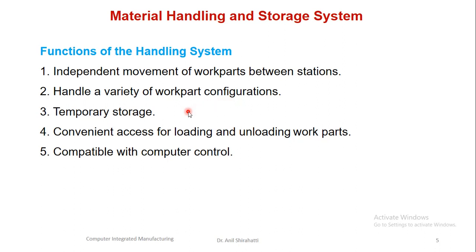Suppose you are going from one workstation to another workstation, and if there is a different cycle time, the first component may have to wait till the initial component got machined. So there should be a temporary storage facility available on the material handling system. It should have convenient loading and unloading of work parts compatible with the computer control, because here we are avoiding all human interface.